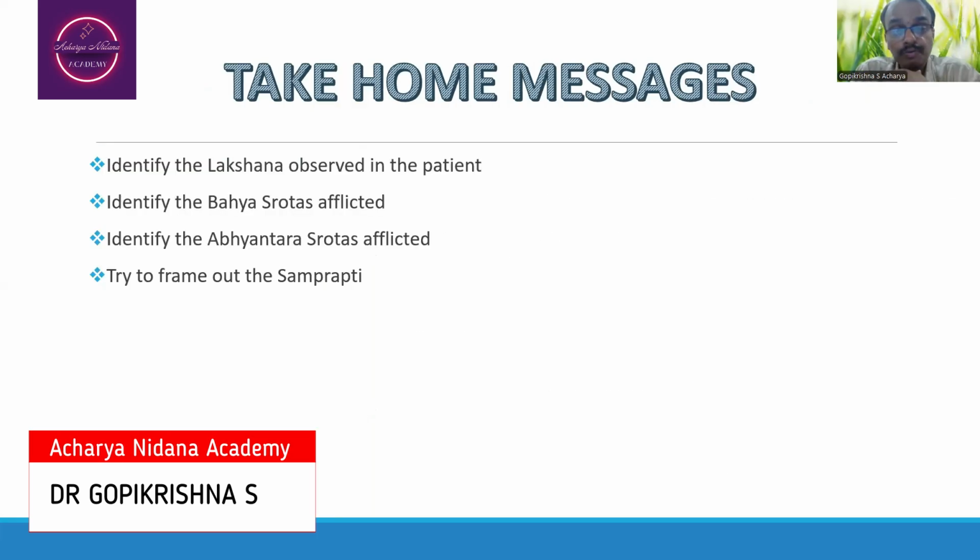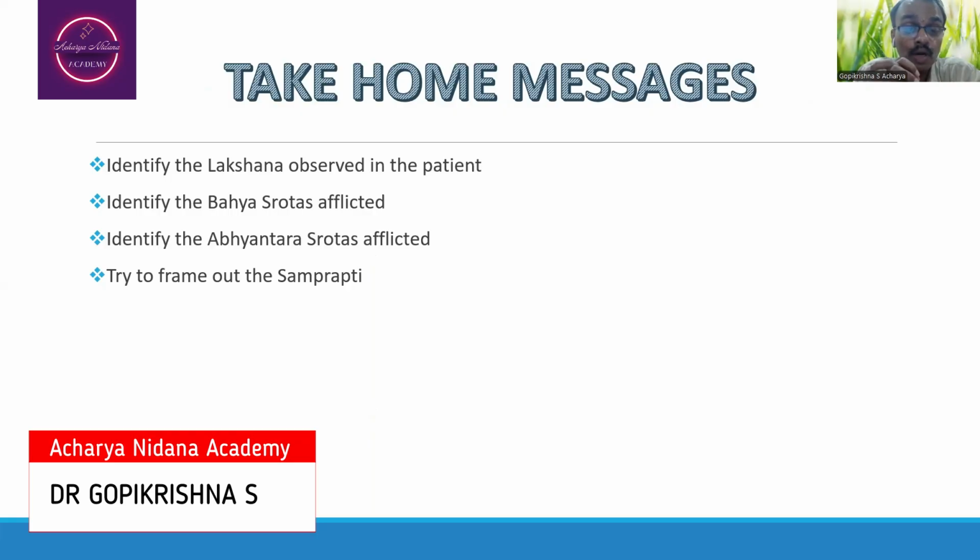The take-home messages from today's discussion are: whenever you are interacting with the patient, you have to identify the Lakshana present in an individual first. After that, which particular Bahya Srotas is being afflicted, that has to be known.